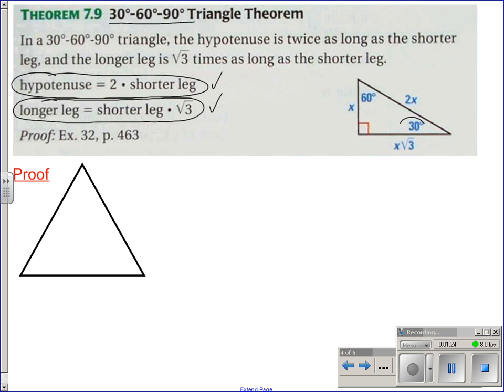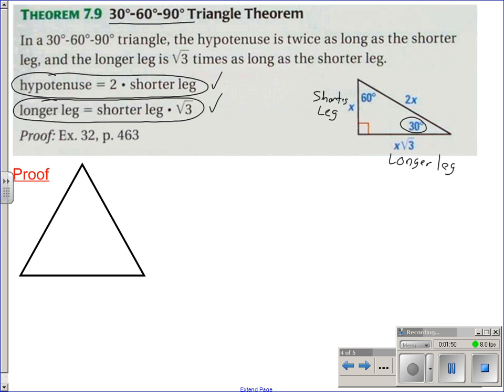The 30 degrees is the smallest angle in the triangle, so across from that will be the shortest side. We're talking about a right triangle, so this x is the shortest leg. Now there's only one other leg, so it's got to be longer than that one because x is the shortest side. So this we call the longer leg.